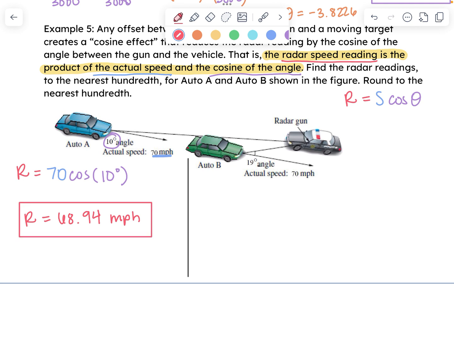Okay, when I look at auto B, the radar is going to be the actual speed, which they also have as 70 miles per hour, times the cosine of the angle, but this time the angle is 19 degrees. So when I plug in 70 cosine of 19 degrees, I get that the radar reads as 66.19 miles per hour.